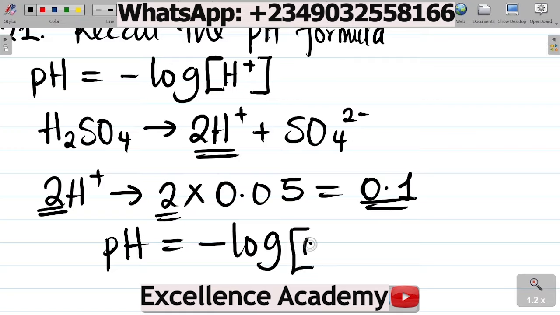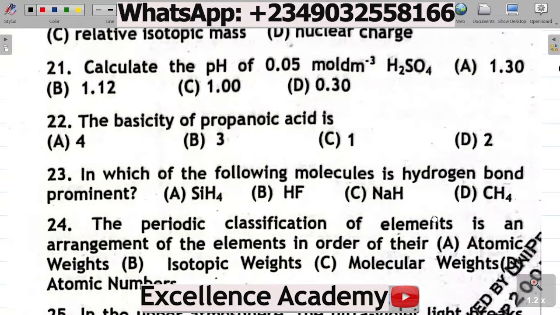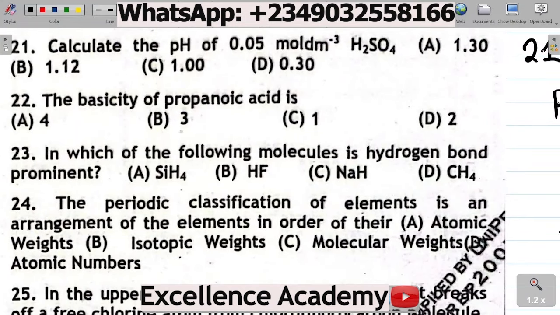That's negative log 0.1. All right. So let's punch this. I'll get my calculator and I'll punch negative log 0.1. And if you punch that, your answer gives you 1. So the answer to this question is 1. Let's see which option supports that. That's option C. The correct answer is 1.